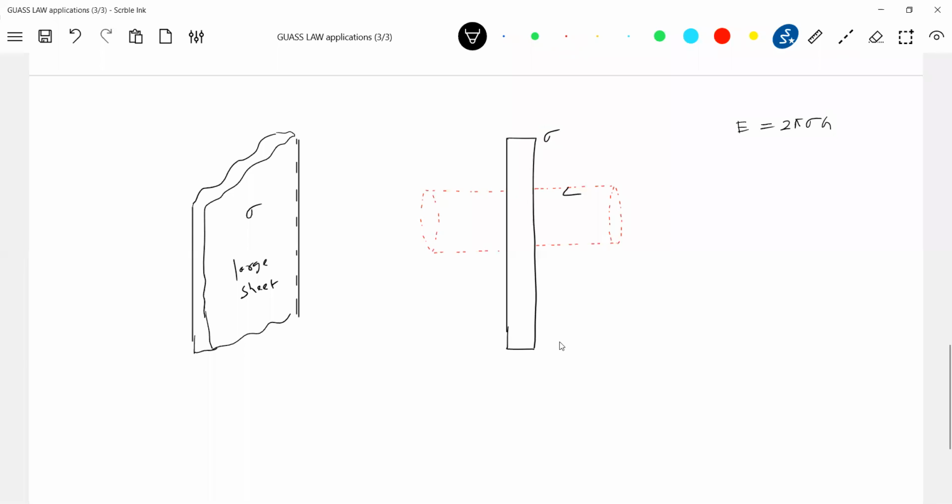Now here you take the elemental surface with n cap like this, having delta s. Similarly, n cap like this, and the surface area of this is delta s. How is the field due to the sheet? I gave one plane diagram. Can you remember? The field will be like this, uniform.